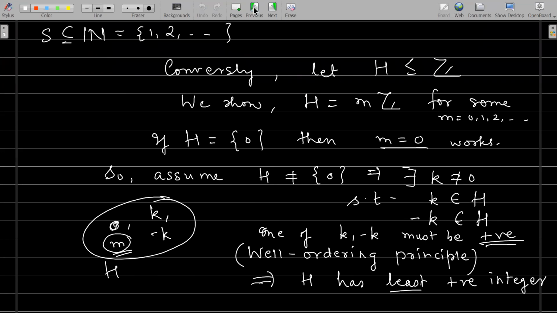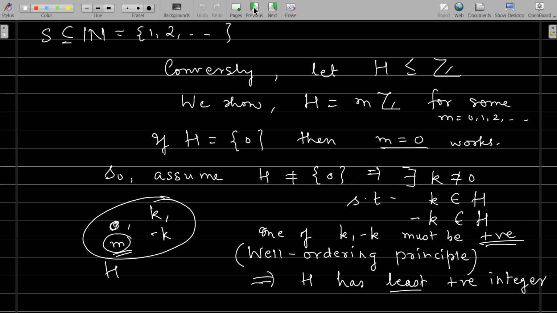So assume that H is non-zero, non-trivial. It surely contains 0, but it contains something more than 0, right? So there is some element K in H which is different from 0. That K may be positive, K may be negative. Now, if K is positive, fine. I want to claim H contains positive elements.